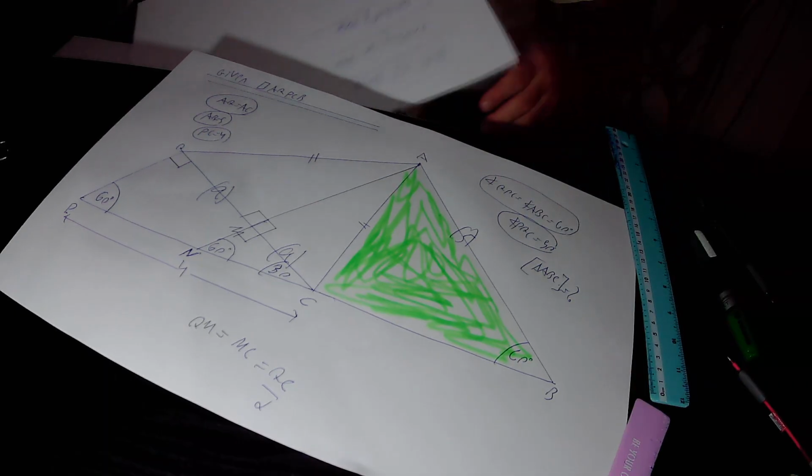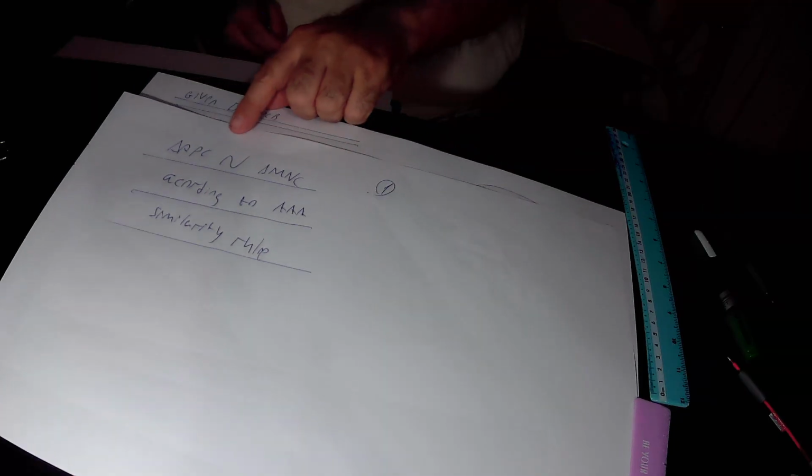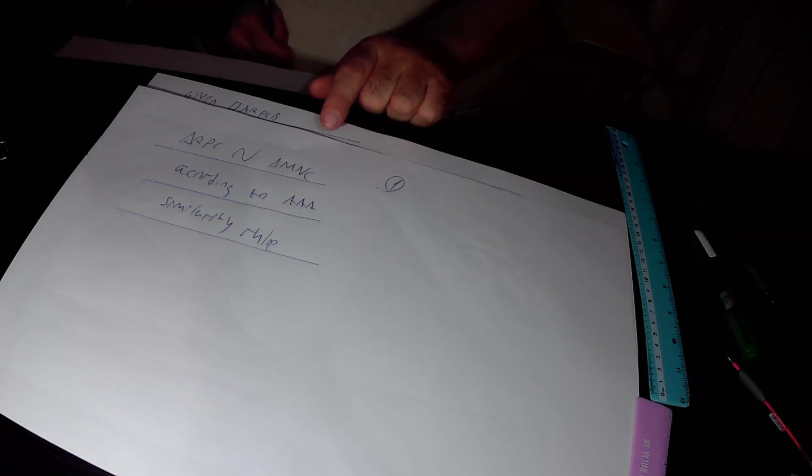Repeat again. We found out that the right big triangle QPC is similar to the right small triangle MNC according to the angle similarity rule.